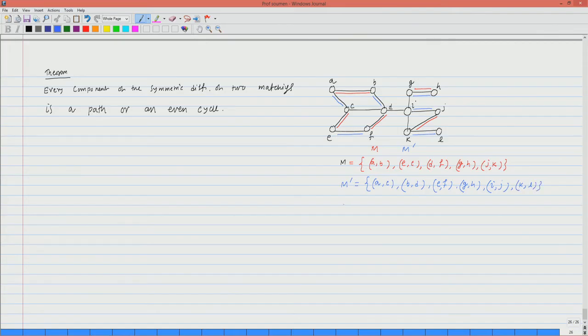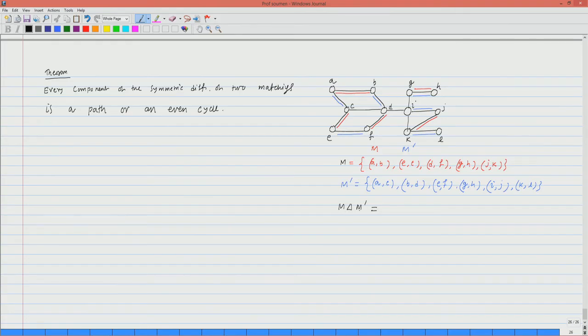Okay. Now, you consider the symmetric difference. I am concerned about the components of the symmetric difference. I will take the symmetric difference of these two matchings, M symmetric difference M prime. You see that the only common edge is GH. So, the symmetric difference will consist of all the edges except GH. Okay.